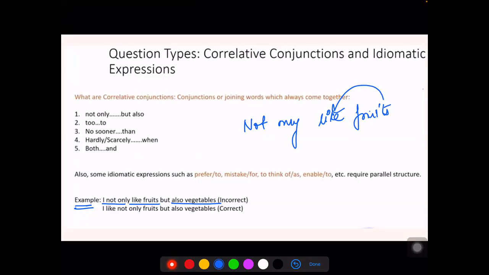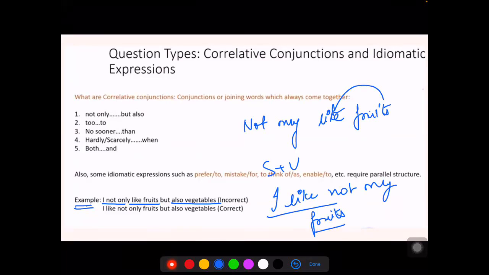But we don't have to. I have to say I like, because this is a verb we are using with the subject. I like not only fruits, because we are specifically talking about the fact that fruits are not the only things which I like, but also vegetables, right? Also vegetables. This will be my correct sentence.